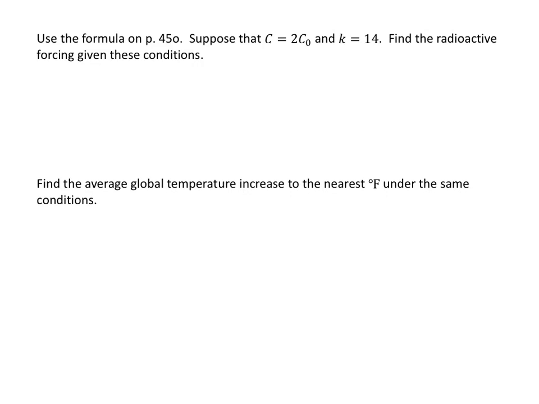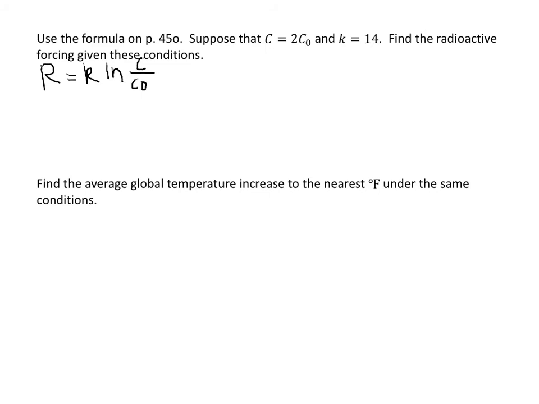We actually call this R, and the formula is R is equal to K times the natural log of C over C naught. C naught is the pre-industrial amount of carbon dioxide, and C is the current carbon dioxide level, and K is going to be a constant.